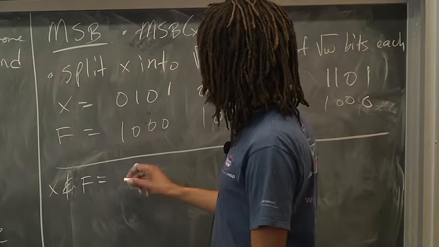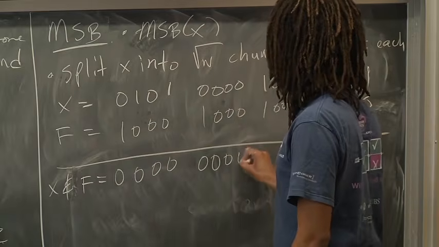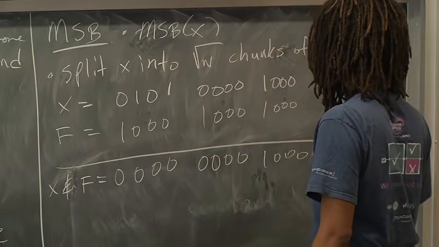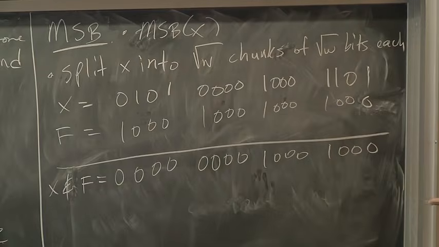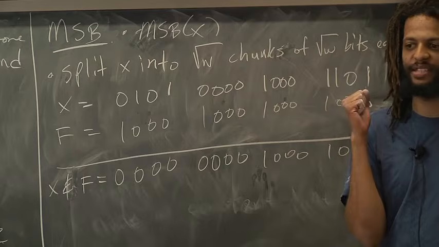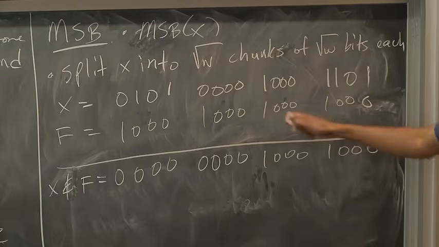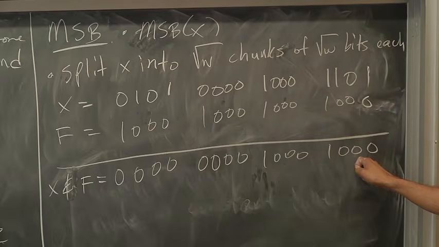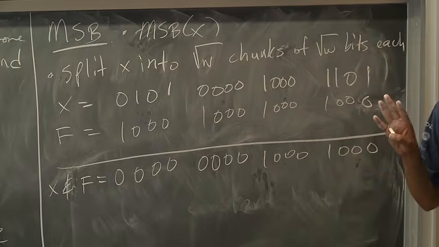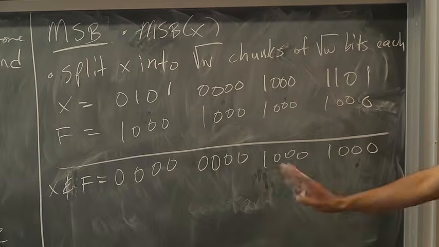So that is going to look like this. And right after I write it, I'll tell you why I'm doing this. So what I'd like is some summary that tells me which clusters are non-zero. I'm going to treat the first bit as a special case. So now I know for sure that this cluster has a non-zero and this cluster has a non-zero, in particular because they have it in their first bit.